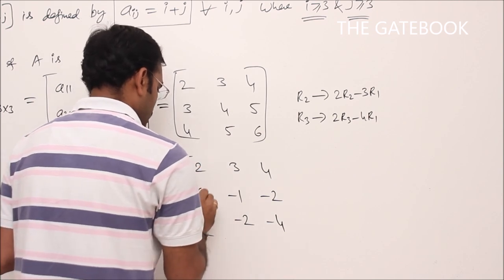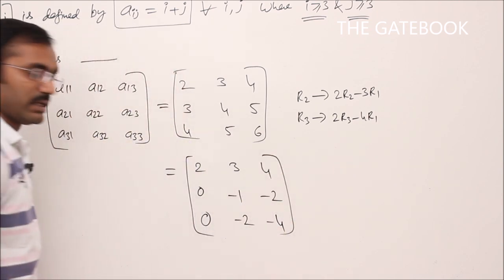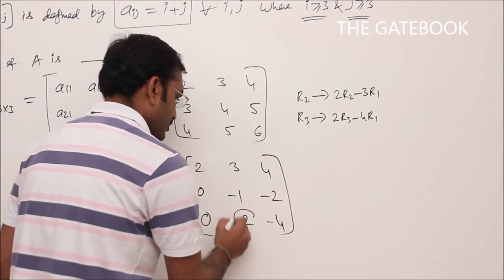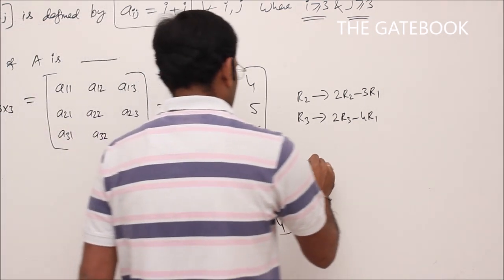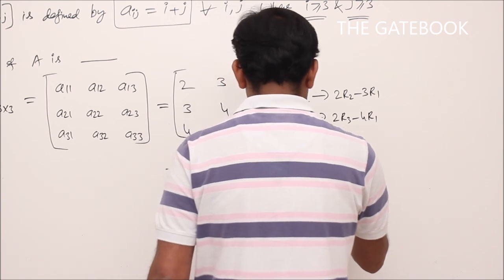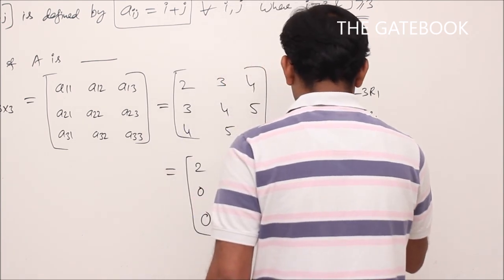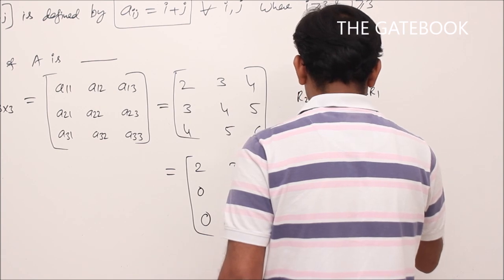To get the echelon form, we have to make this element 0 by applying R3 implies R3 plus 2R2.